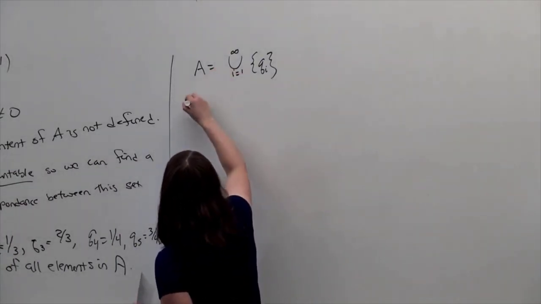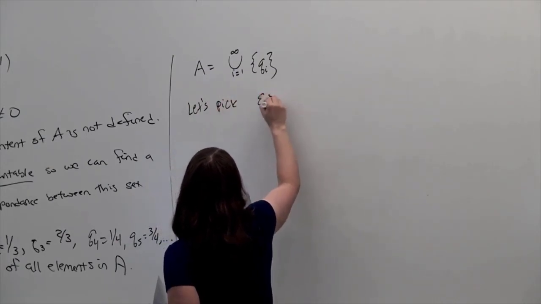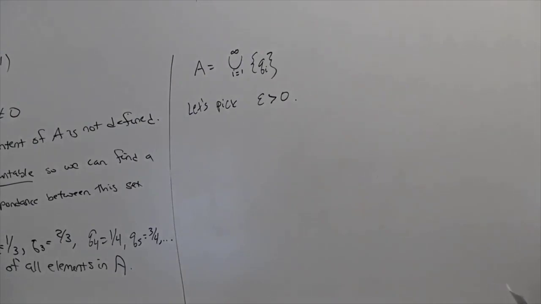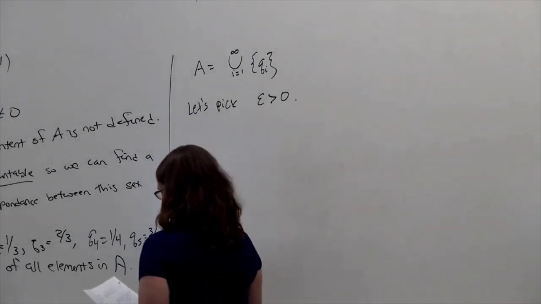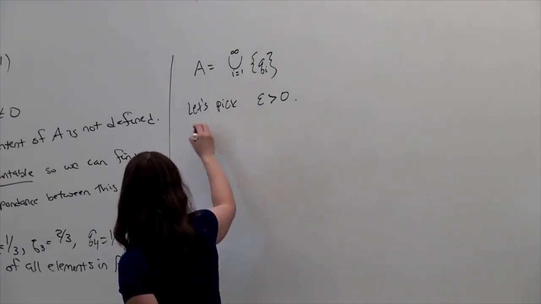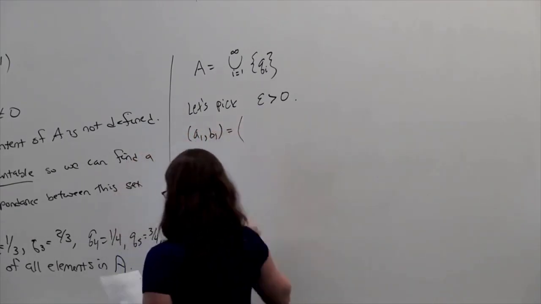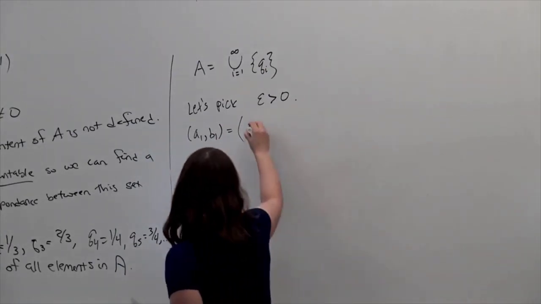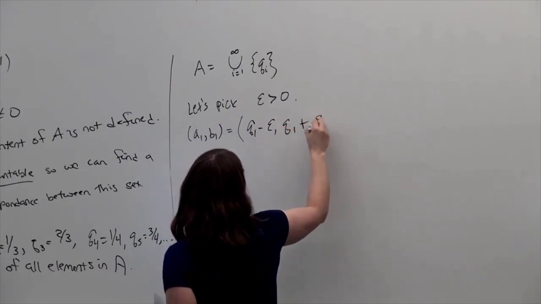Okay, so let's pick a small epsilon. Now I need to create my AIs and BIs. Let A1, B1 be Q1 minus epsilon to Q1 plus epsilon.